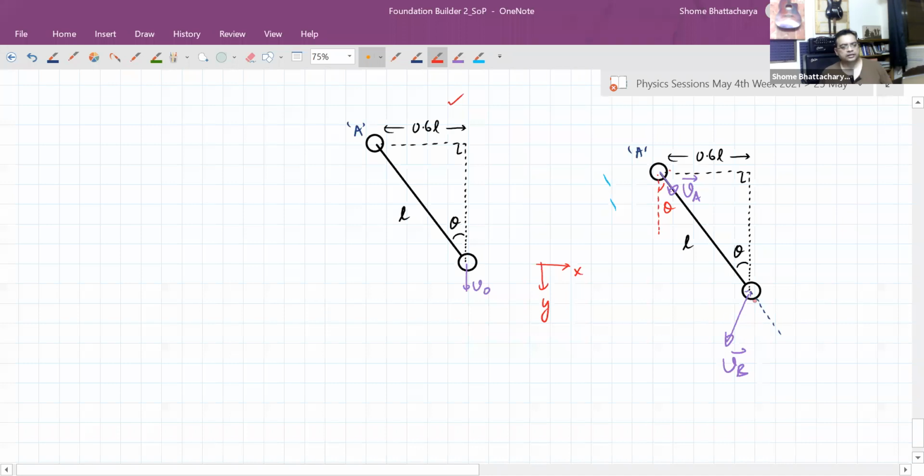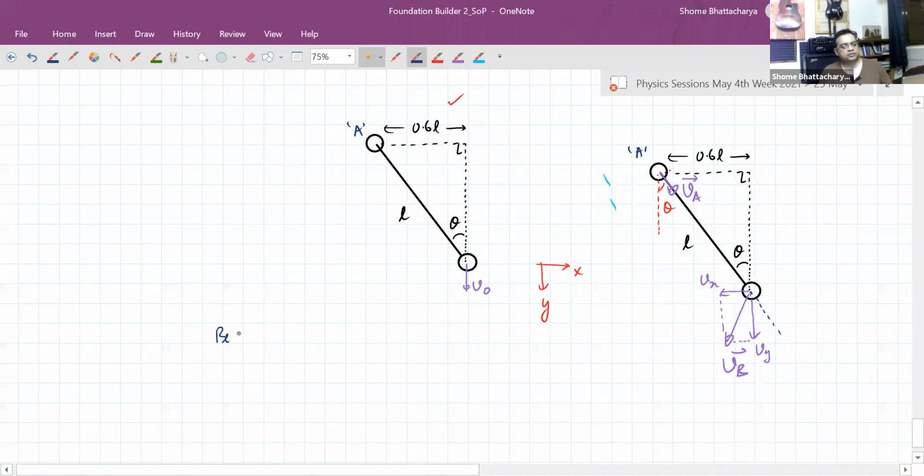And this we will have to break into components. So we'll have to take this as some y component and this as some x component.